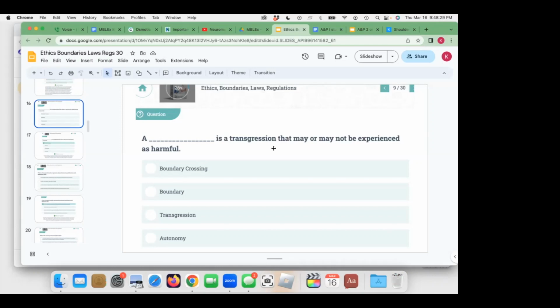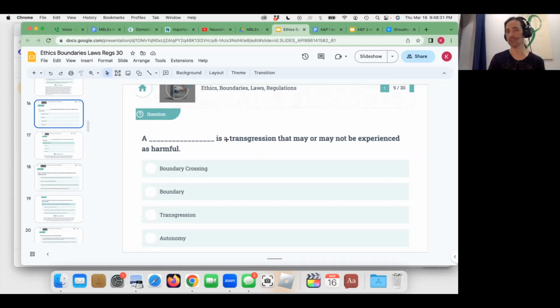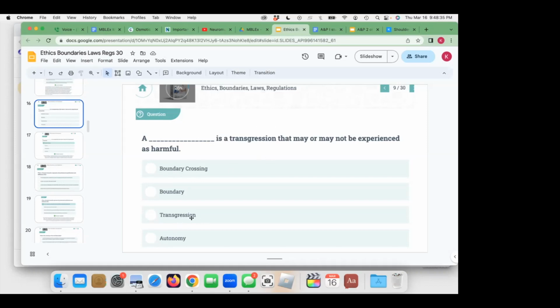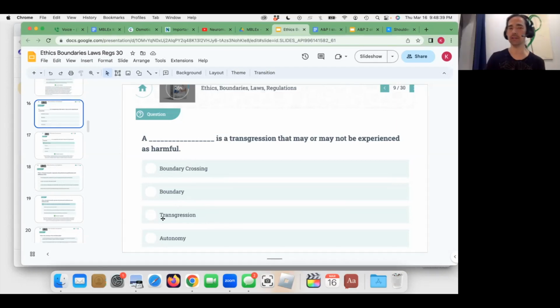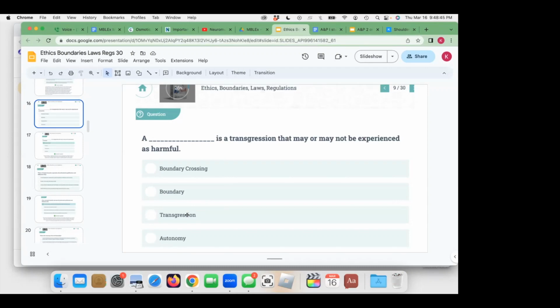So transgression? Boundary is a protective circle that prevents transgressions. Boundary crossing, yes. What is the difference between boundary crossing and transgression? Transgression sounds more harmful or something. Yes, that's exactly right.